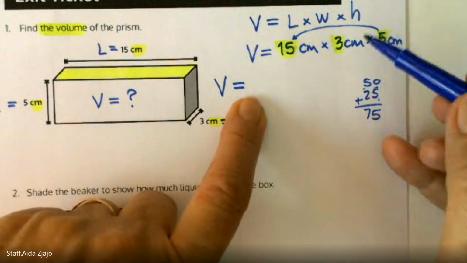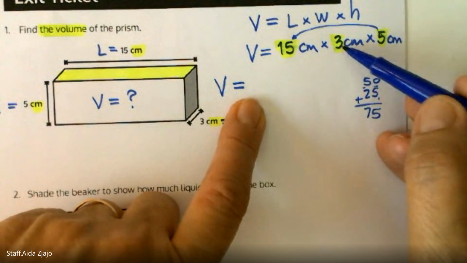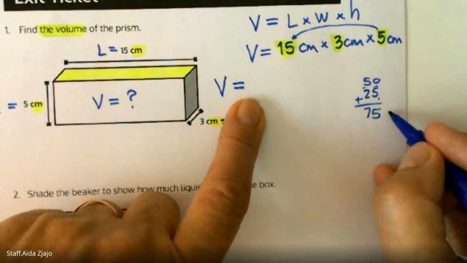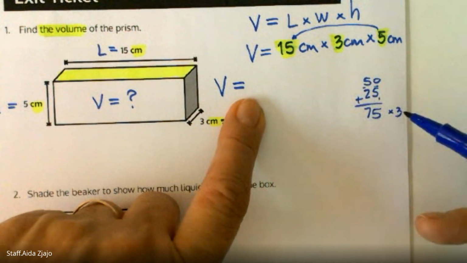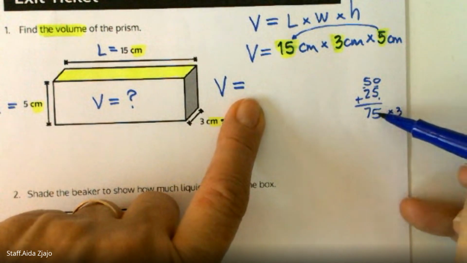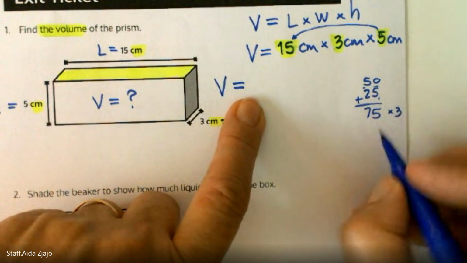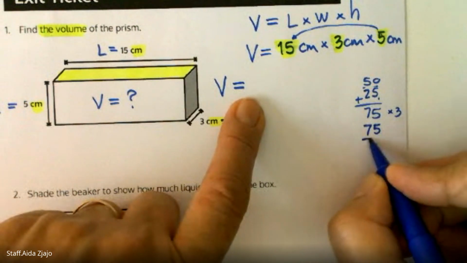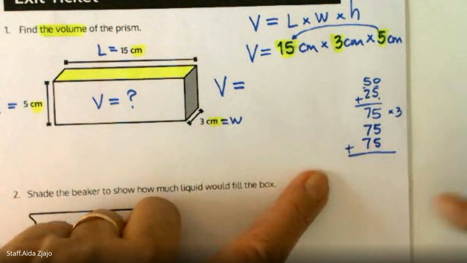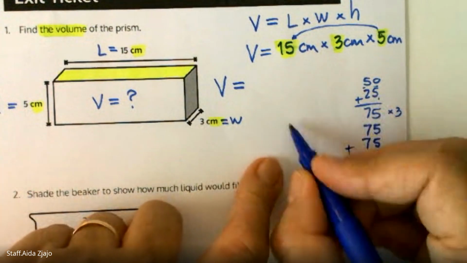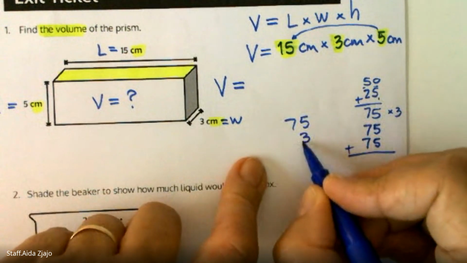But now I need to multiply by 3. So 75 times 3. That's my next step. I can think 3 groups of 75, which is 75 plus 75 plus 75, or I can do the standard algorithm and just do 75 times 3.